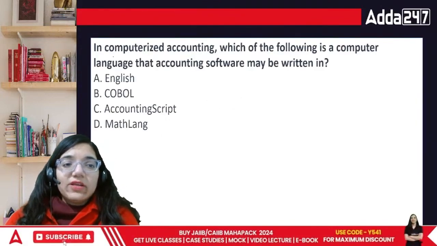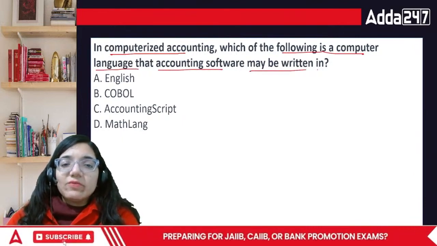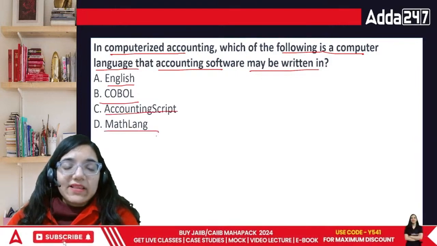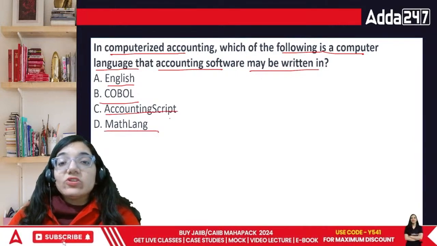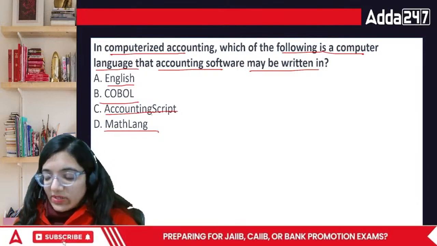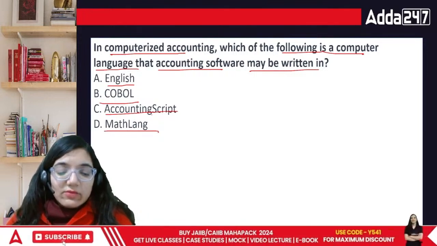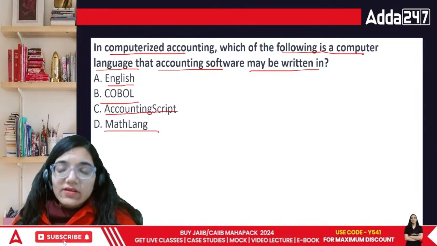Now, if we talk about computerized accounting, which of the following is a computer language that accounting software may be written in? English, COBOL, accounting script or MATLANG? Among the following, which is a computer language? There are many different types of computer languages through which the computers understand our commands.